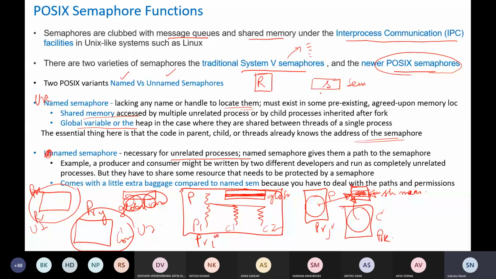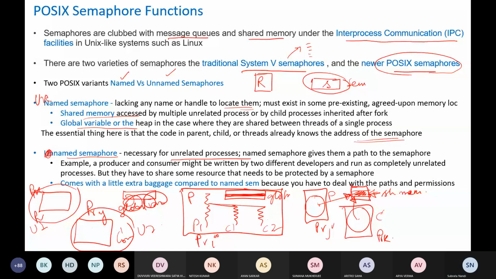So this semaphore, say S, because they don't have anything common, should be declared as a named semaphore, where you should give the path, the way we mention the file name, path, permissions, and all. This is necessary for unrelated processes, and named semaphores give them a path to the semaphore, and using that path you can always perform operations on it.